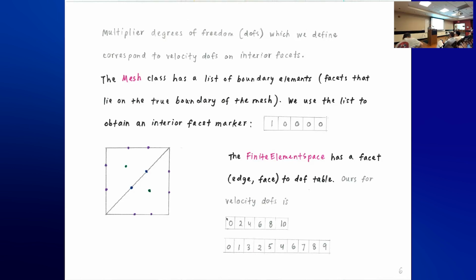The first facet, index 0, has 2 DOFs, so 2 minus 0, and they're given here. So 0 and 1. Those are the corresponding DOFs that lie on facet 0. So basically, if we look here, we have 0, 1, 3, 2, 5, 4, 6, 7, 8, 9. That's how it goes.